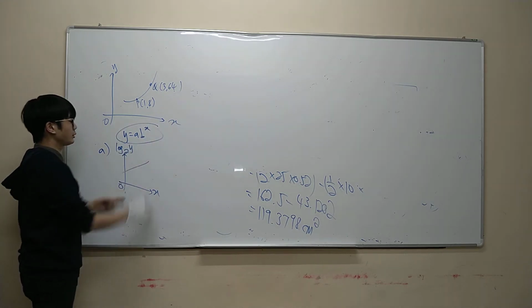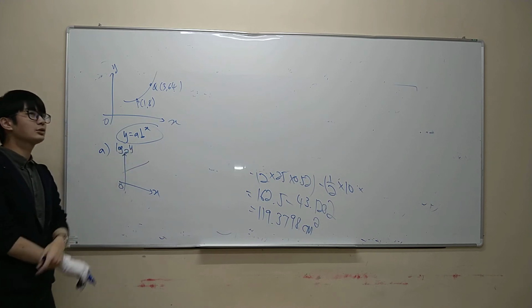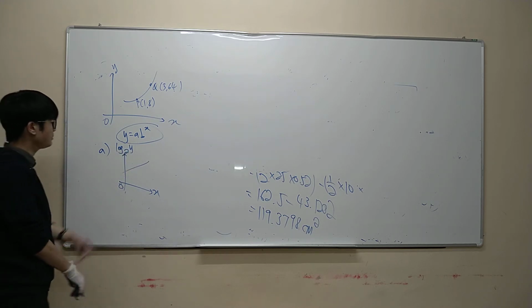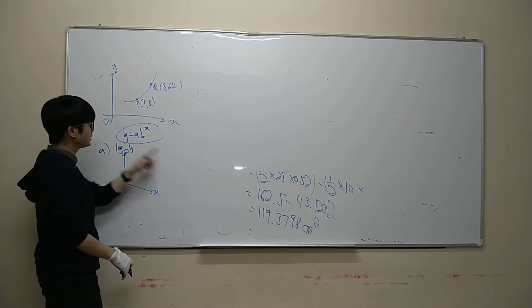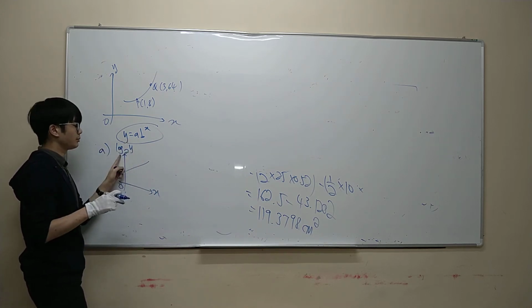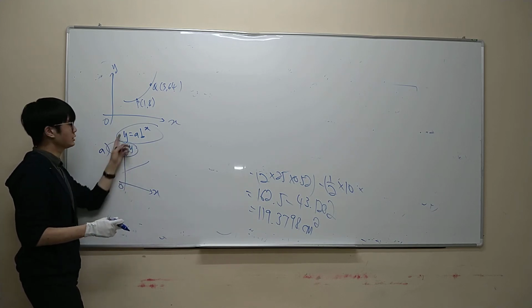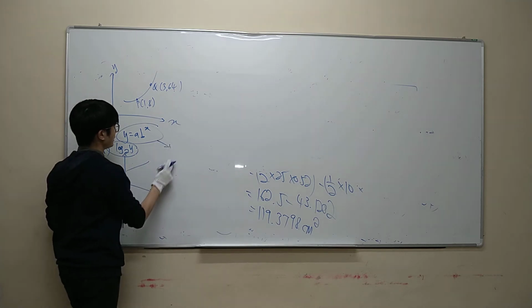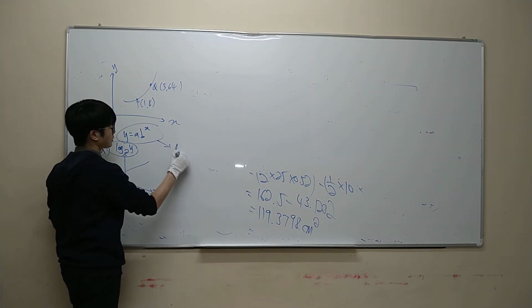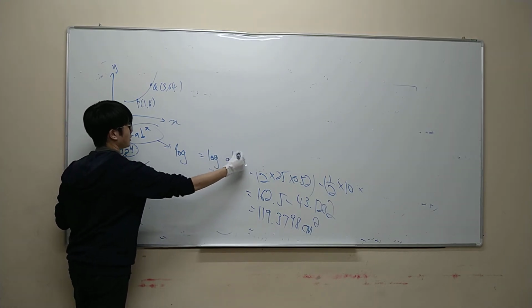First, you need to change the equation to linear form, y equals mx plus c, and then you can sketch. So how to change this to linear form? The equation must follow the y-axis. So the y-axis is log y base 2. So what you do is add log, and when you add log, you have to add to both sides to balance.